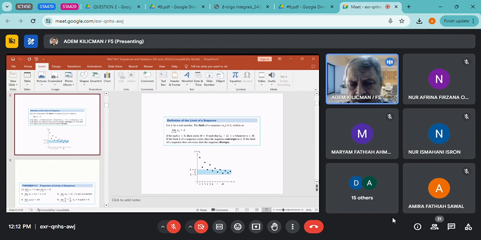If epsilon gets smaller and smaller, getting close to 0, at that time this m will be bigger and bigger. So in other words, in terms of reciprocals, the smaller epsilon is, the bigger m gets. And we have mentioned this.